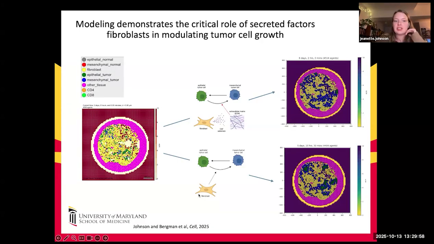Or on the bottom, is it just cell contact with the fibroblasts inducing this transition? And then ECM, it's still there, but it's just modulating migration. It has an effect on motility, but it's not actually the thing that keeps cells in the mesenchymal-like state.